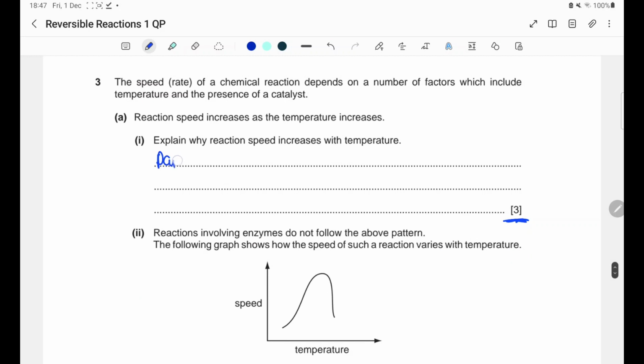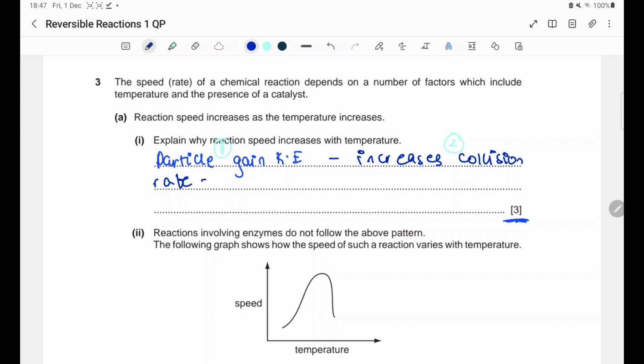So particles gain kinetic energy. That is 1 mark. That increases the collision rate. That is your 2nd mark.